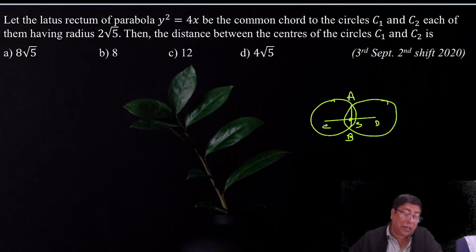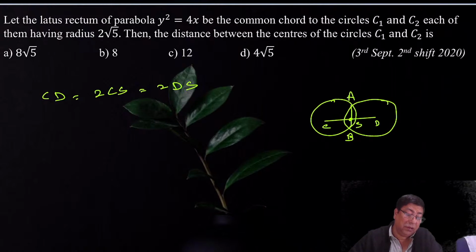In this case, AB is the common chord of the circles having the same radius. So we can say the line joining the centers will be perpendicular, and CD equal to 2CS equal to 2DS, and AS is half of AB, which is the latus rectum. So AS is half of the latus rectum, that is half into 4, that is 2.